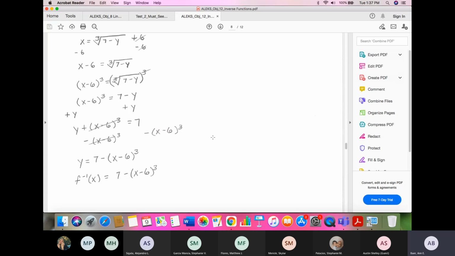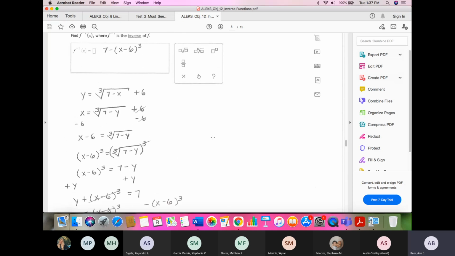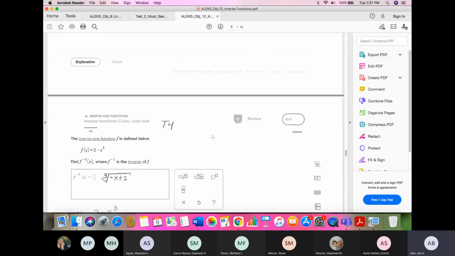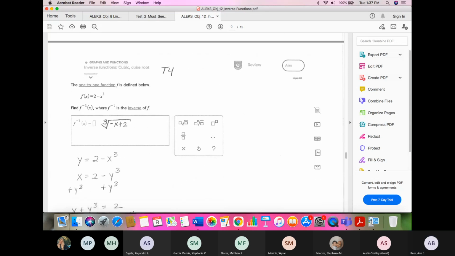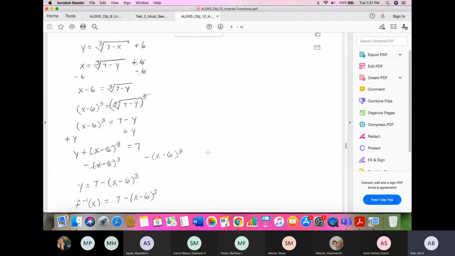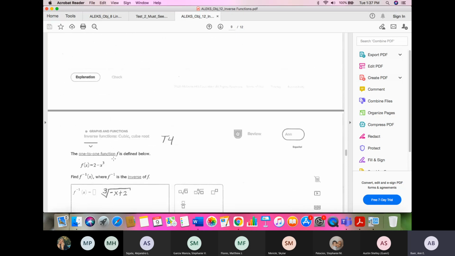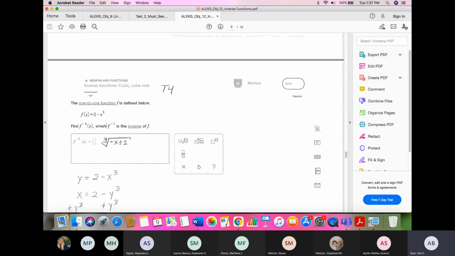Also you see here, this one, they gave us a cube root to start. This one, they gave us a cubic function to start with. So I really want to encourage you to look closely at that when you're looking at that test to review, no credit assignment.